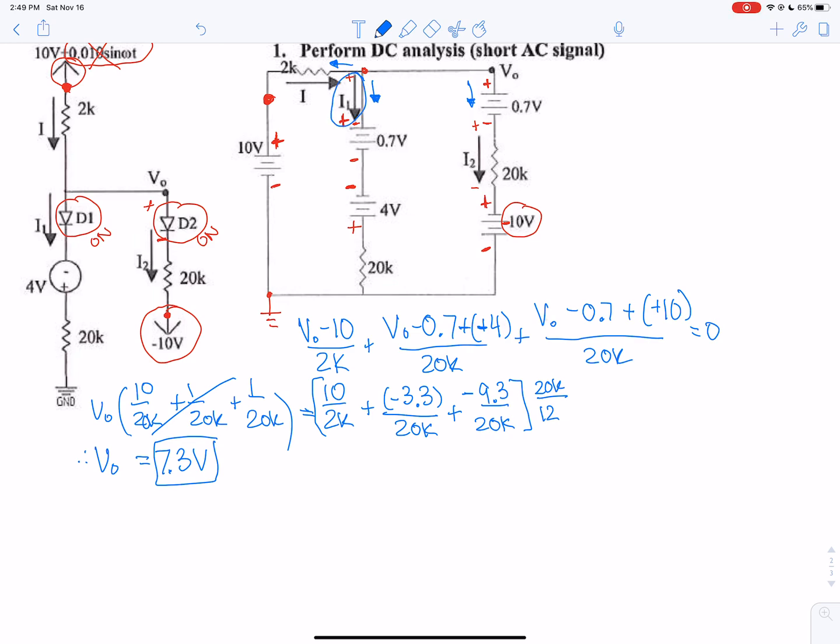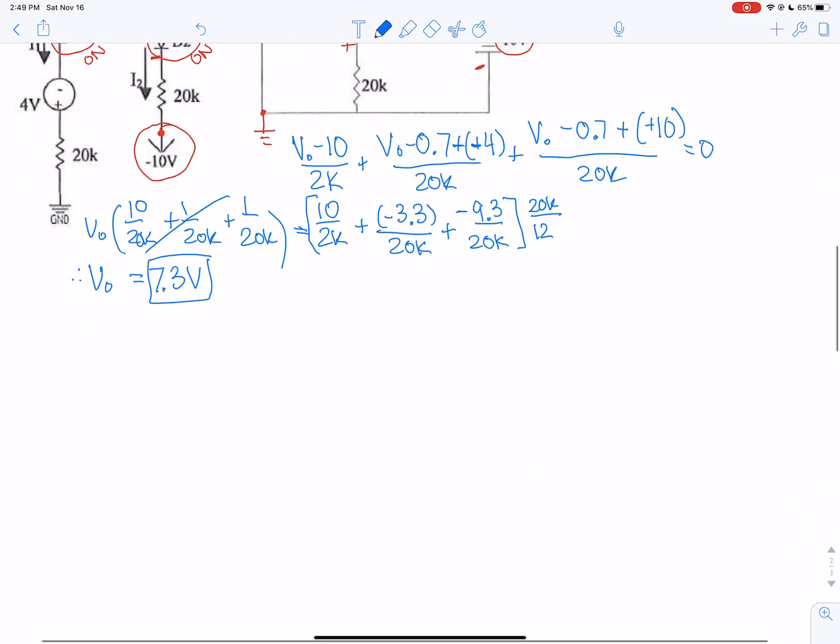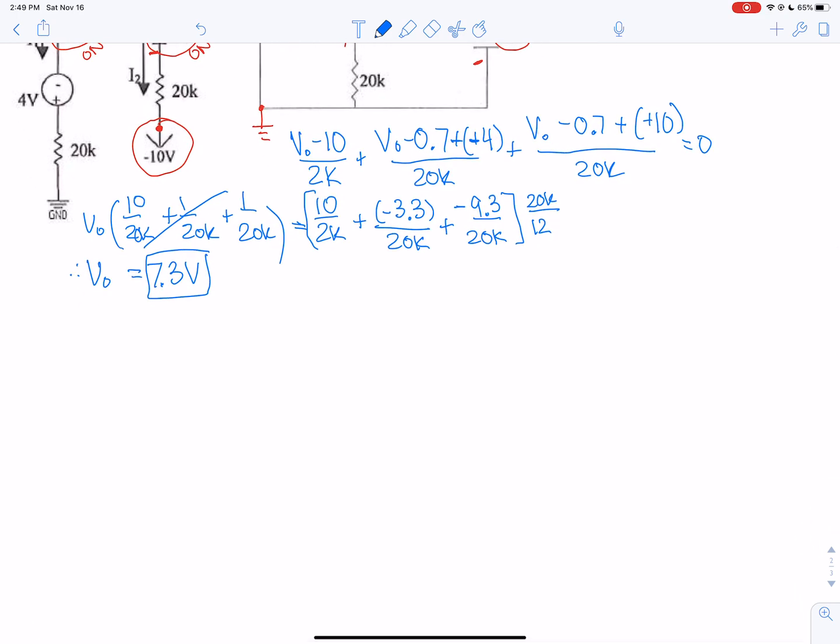I1 is located here, so that's going to be V0 minus 0.7 minus negative 4 over 20K. So it's this term in that node voltage equation. So ID1 equals 7.3 minus 0.7 plus 4 over 20K, and that gives a value of 0.53 milliamps.